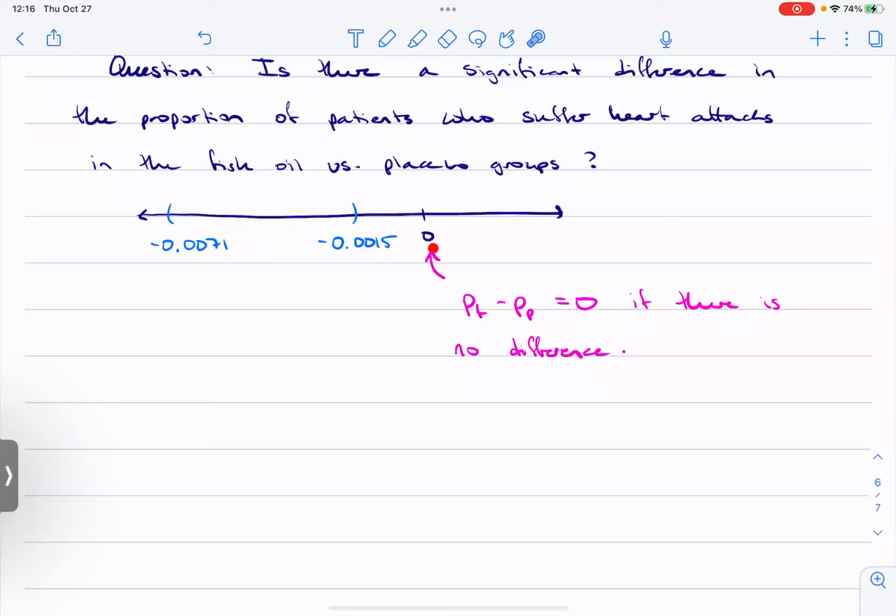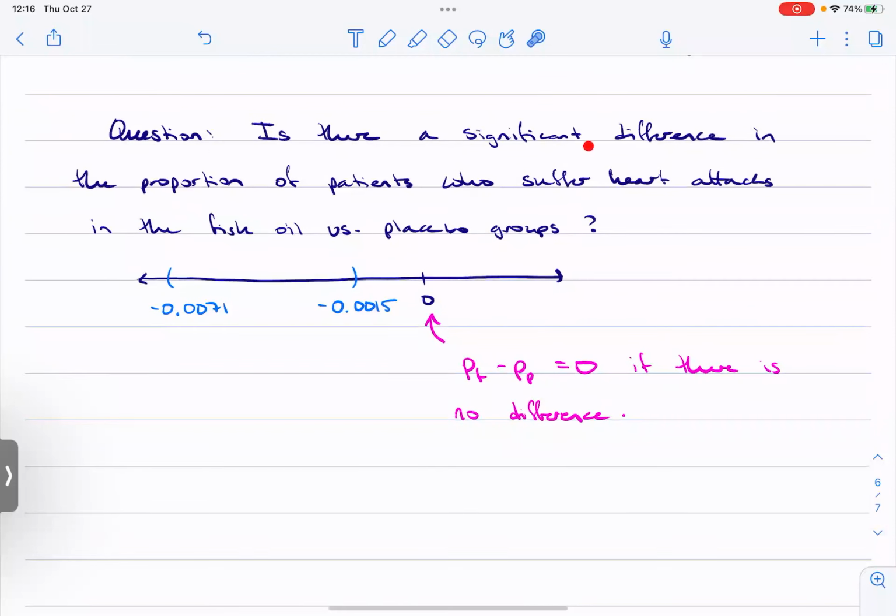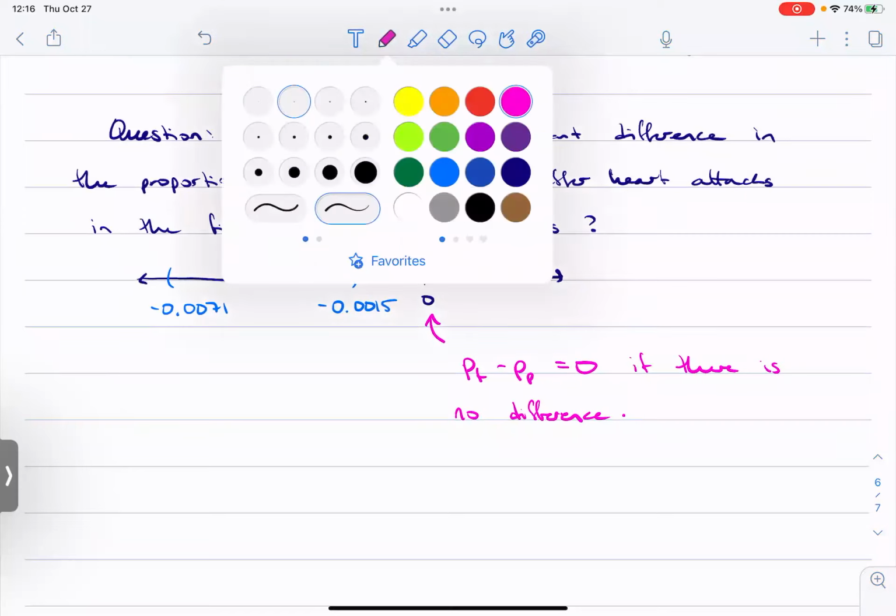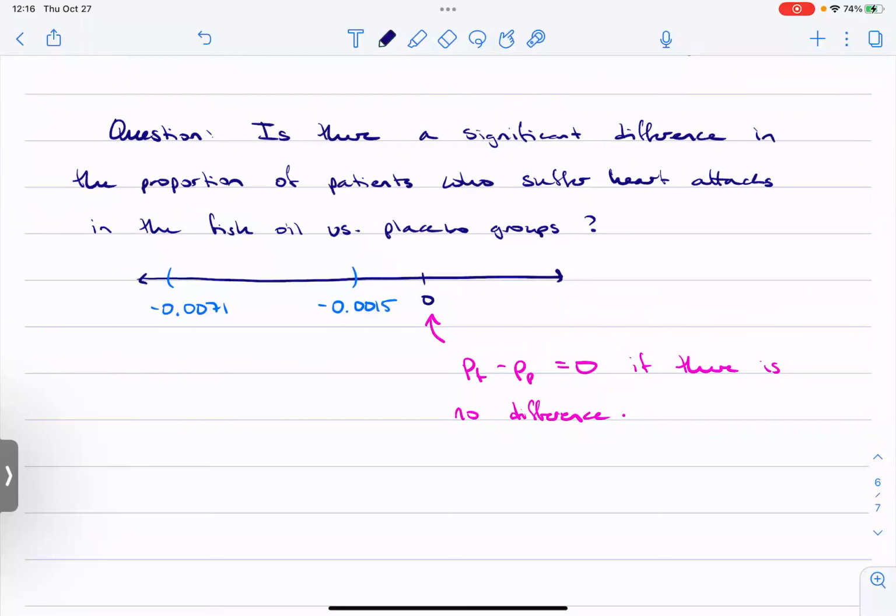But if 0 is not in the interval, then I would have enough evidence to reject H naught, and I would say there is a significant difference in the proportion of patients who suffer heart attacks in the fish oil versus the placebo groups.